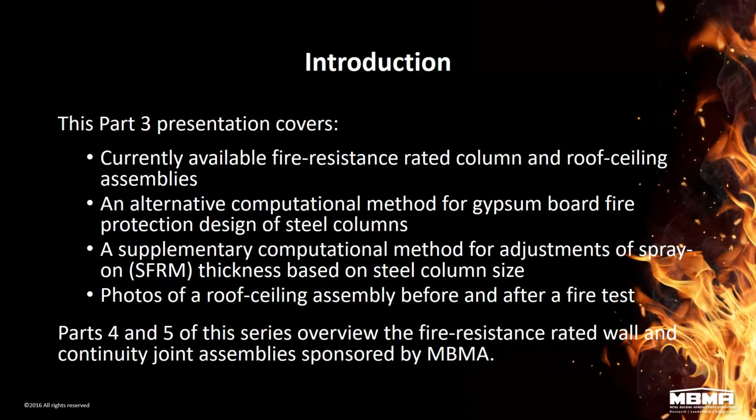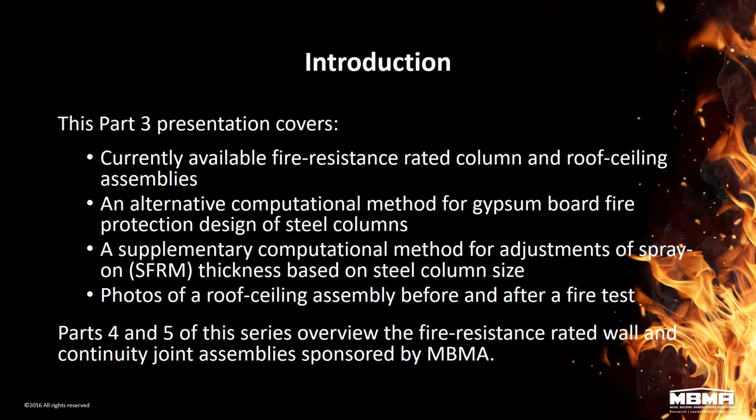And finally, we'll show you some photos of a before and after fire test of a roof ceiling assembly. The remaining parts 4 and 5 of this series will be on fire resistance rated walls and continuity joint assemblies developed by MBMA.